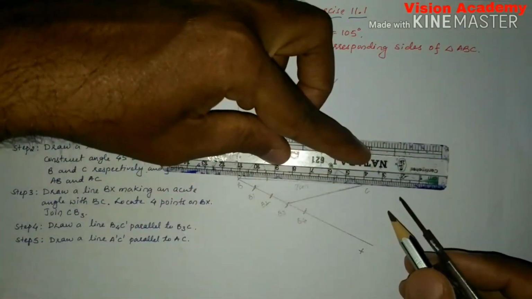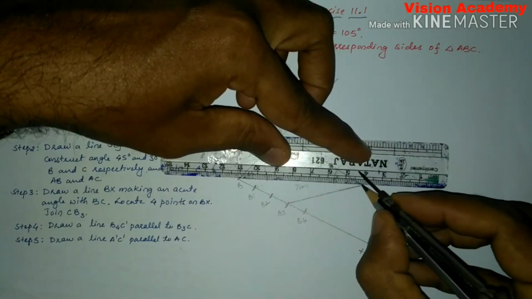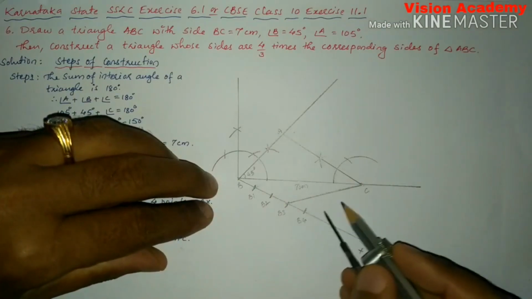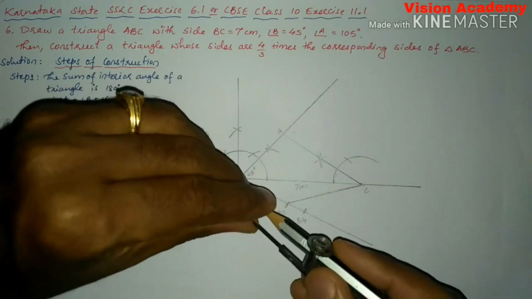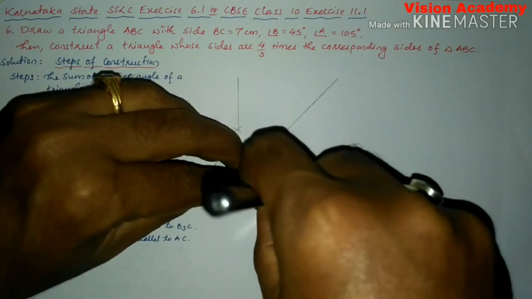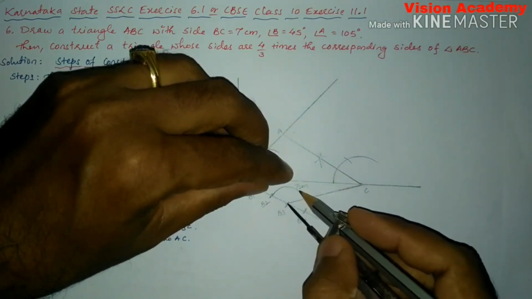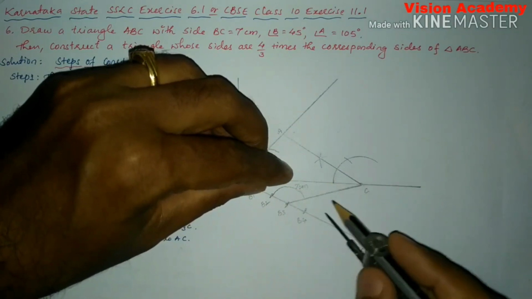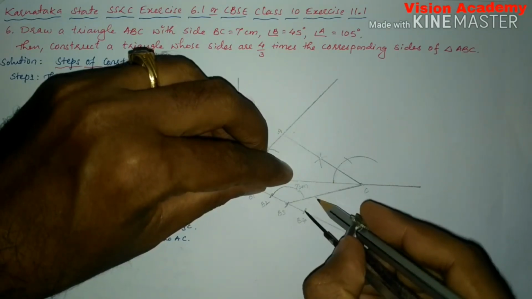In order to draw a parallel line, let me extend this particular line further. To draw B4C dash parallel to B3C, let us draw an arc, the same arc from the point B4.